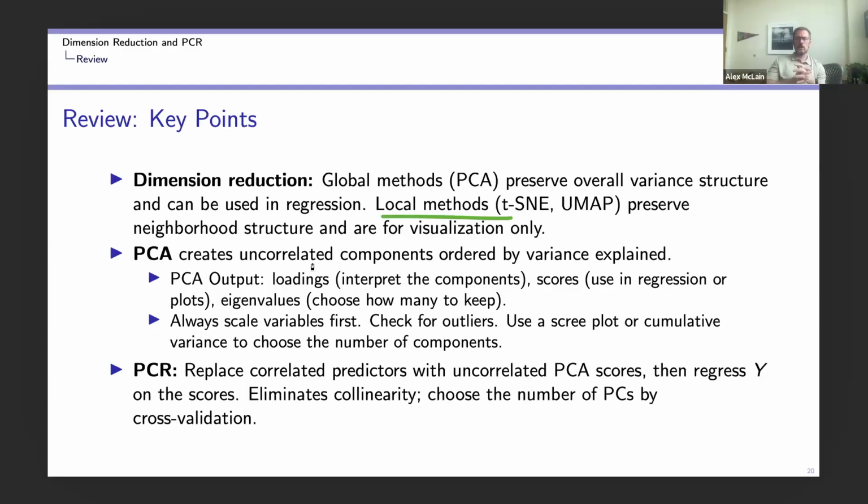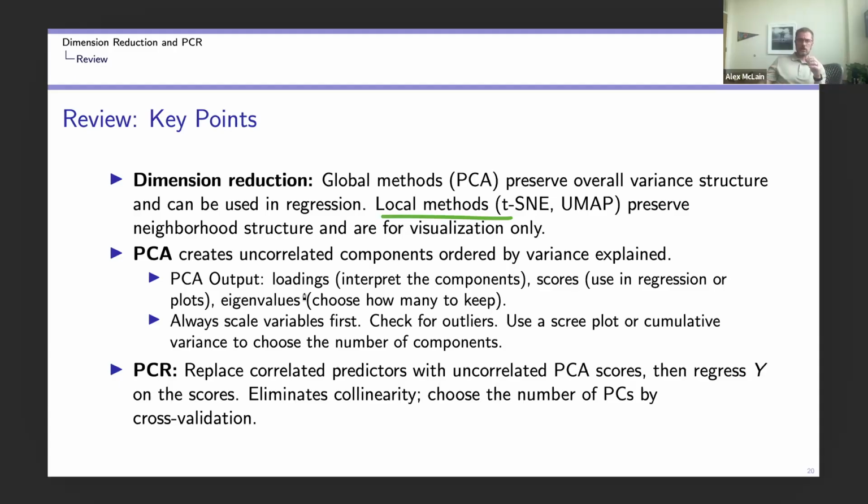By design, that's always going to happen. How we choose the number of PCAs, we can look at the eigenvalues and the proportion of variance explained. Use the elbow, or say, all right, we want to explain 80% of the variance in the X data.